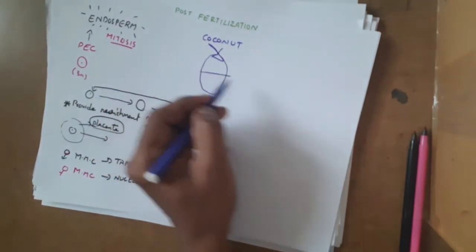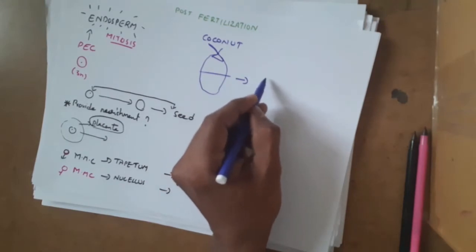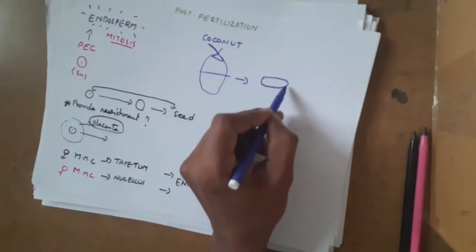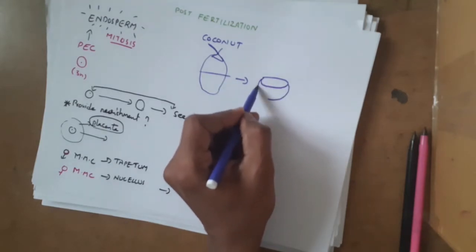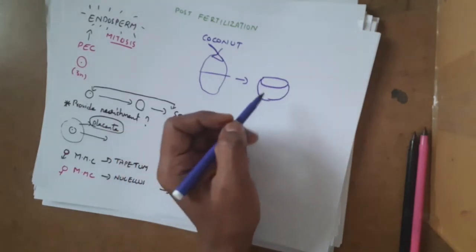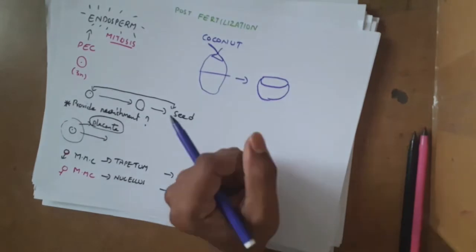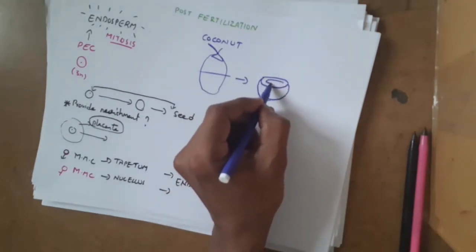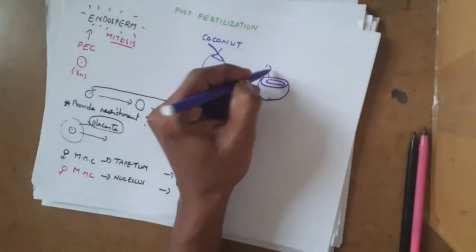If you cut it open, we already discussed this in our 11th standard also. You can see there is a shell, the hard structure, which consists of white tissue, which is commonly called the kernel.